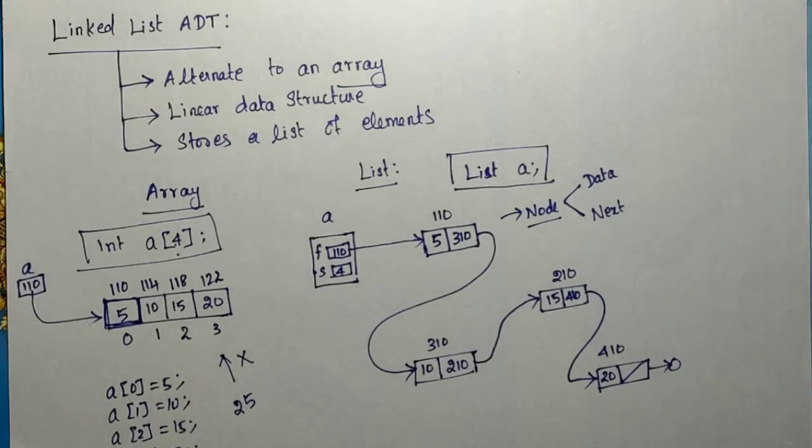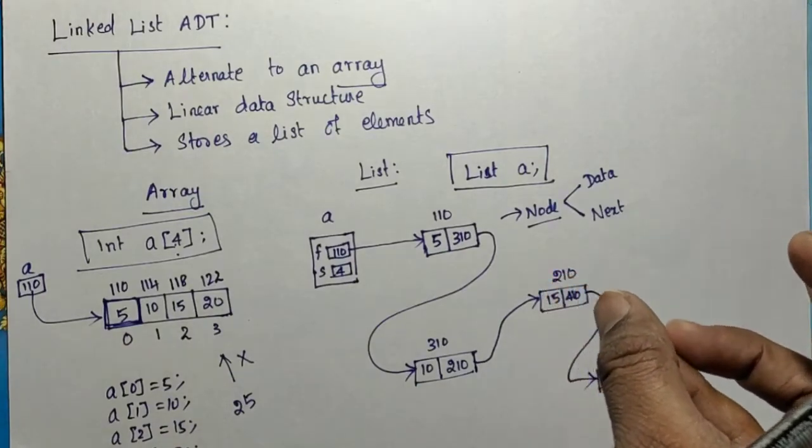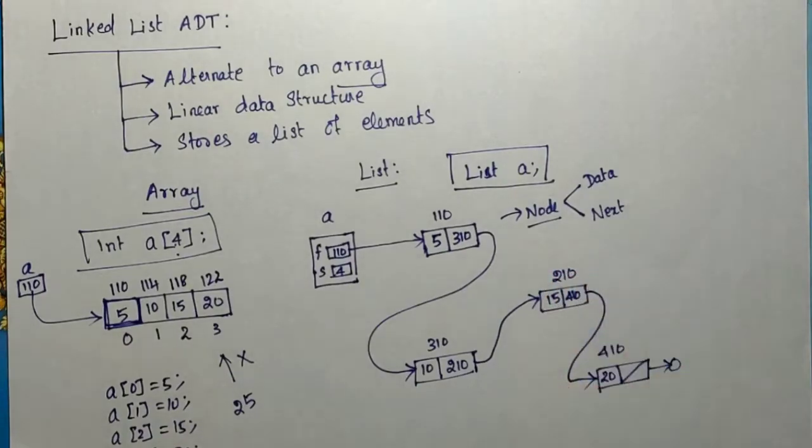So there is no restriction on size. The size depends on your RAM size. During run time it will create the memory, store that element, and that node will be linked to the list. That is one advantage of the list over the array.